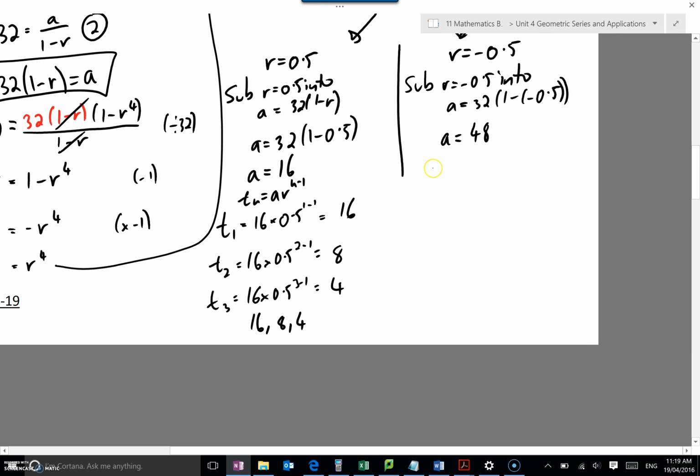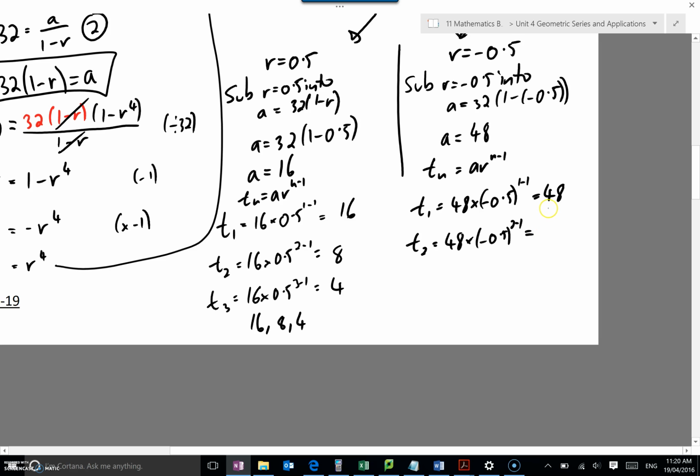My other answer on the other side: first term, 48 times minus 0.5 to the power 1 minus 1. My first term is 48. My second term, 48 times minus 0.5 to the power 2 minus 1.